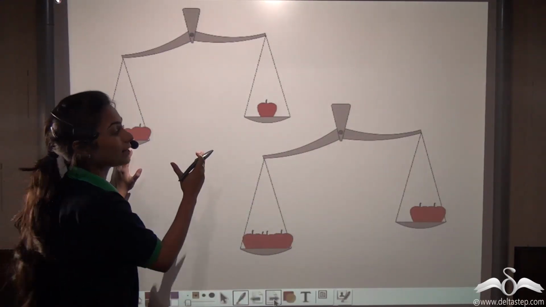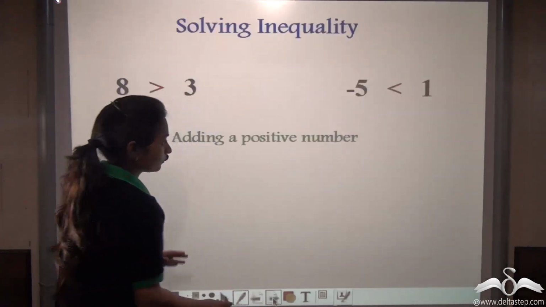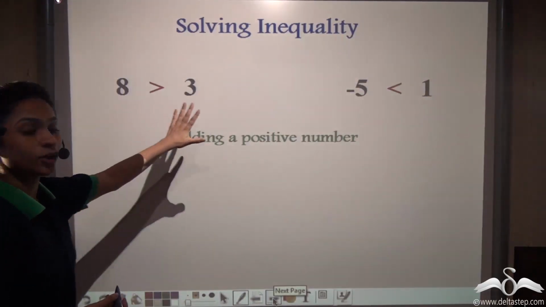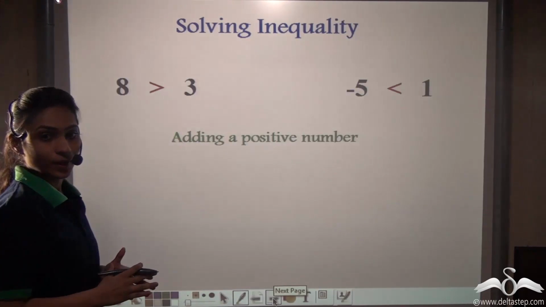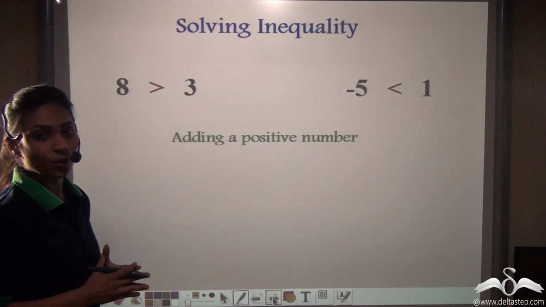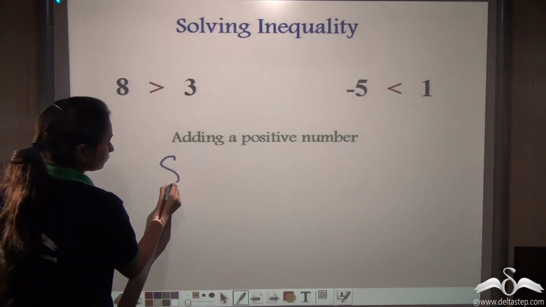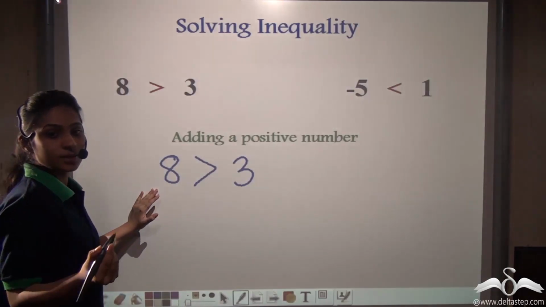Similarly, we can add and subtract numbers in inequations. Let's see how. Here you can see we are having 2 inequations. First of all, 8 is greater than 3. Let us add a positive number to both these sides and let's see what we get. Let us add a positive number, say 1.